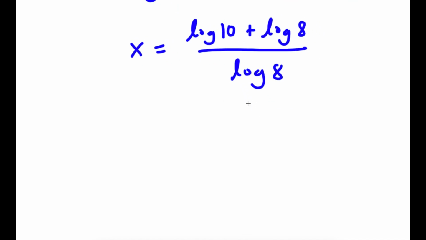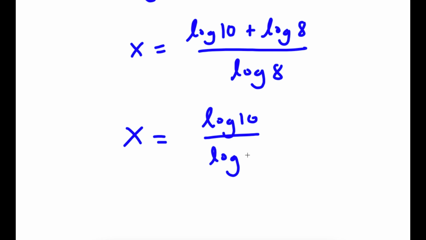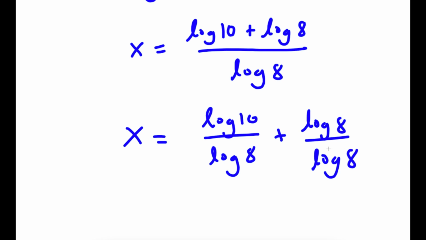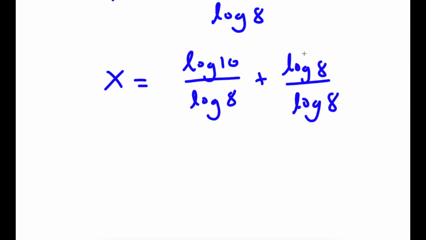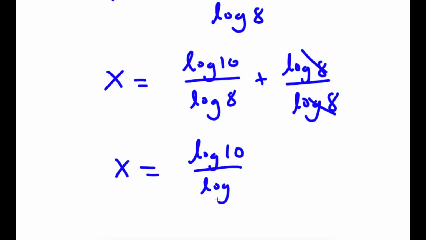So now to solve this, I'm going to rewrite this as log 10 over log 8 plus log 8 over log 8. Now, anything divided by itself is 1, so those two cancel out. So now I have log 10 over log 8 plus 1.